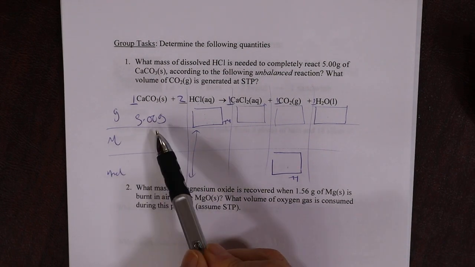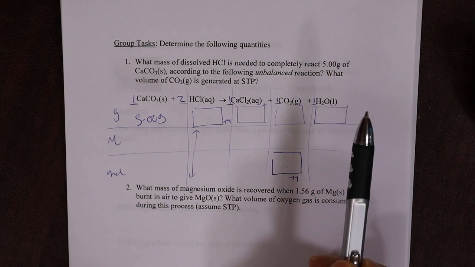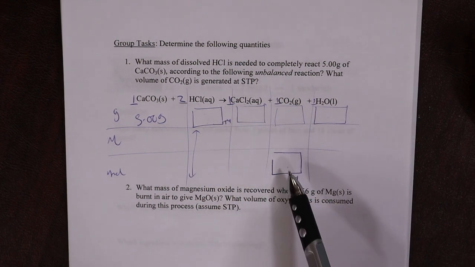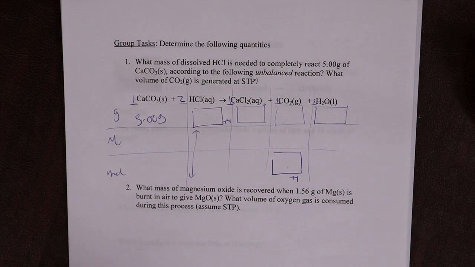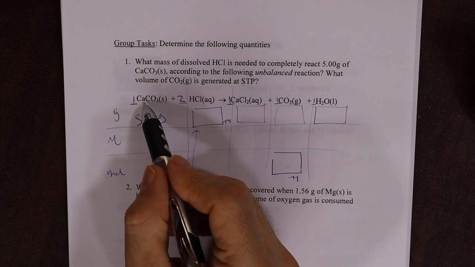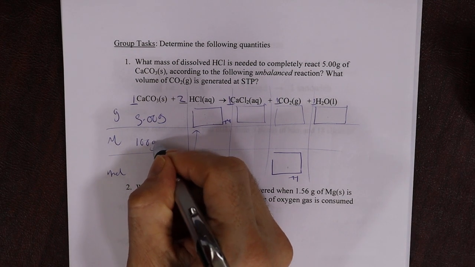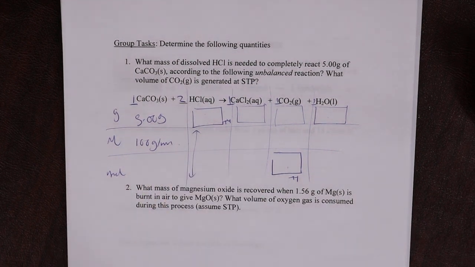Next step, make a grid, fill in everything you can. Let's just fill in the whole thing just for completeness, okay? I know our destinations are here and here, but let's fill out every single box just to show you how it works, right? So the next thing is, fill out this row, right? Okay, so calcium carbonate, you can add up those parts. The reason I like this is because it's 100 grams per mole, all right?